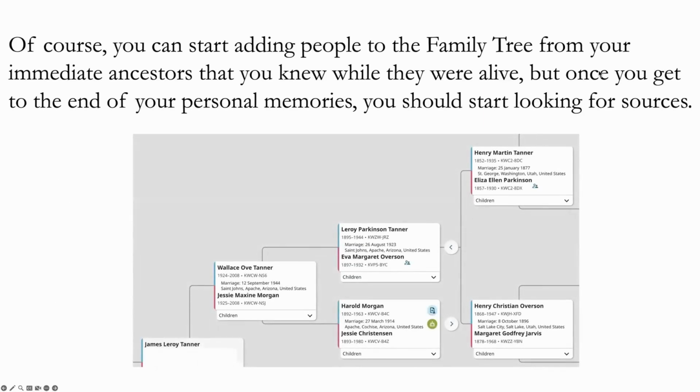Of course, you can start adding people to the FamilySearch family tree from your immediate ancestors, meaning your parents, your grandparents, your great-grandparents, ancestors that you knew while they were alive. But once you get to the end of your personal memories, you need to start looking for records of the people.